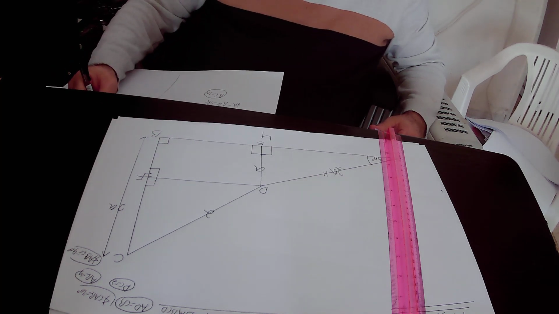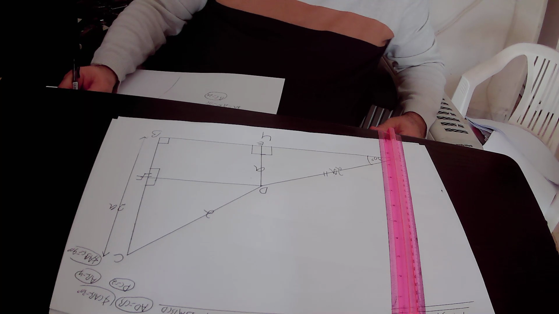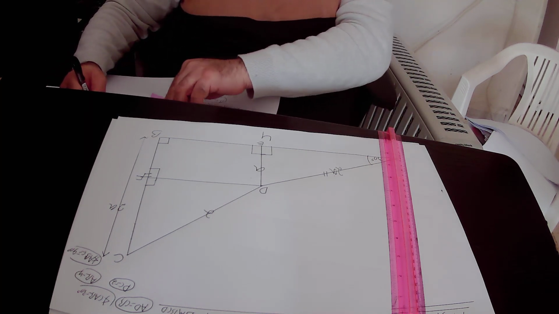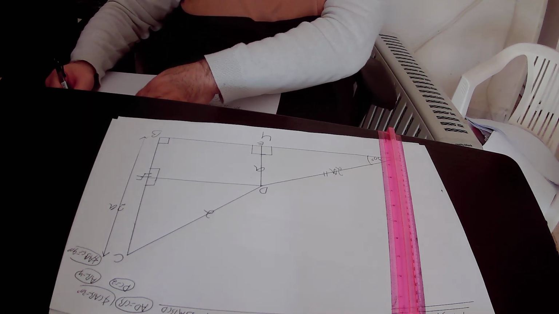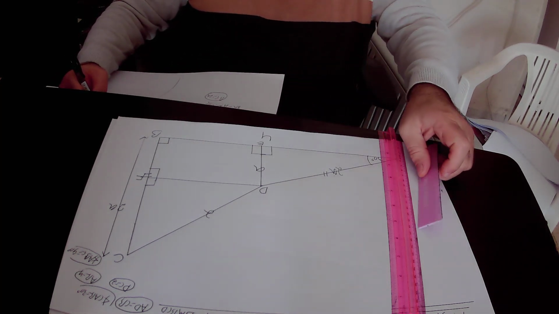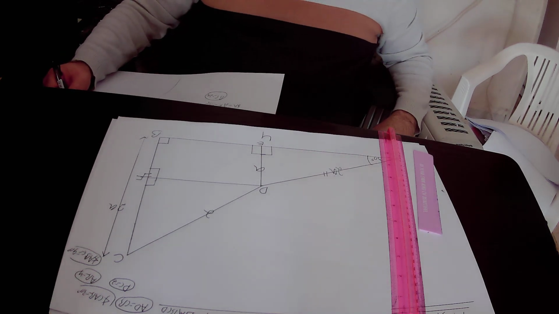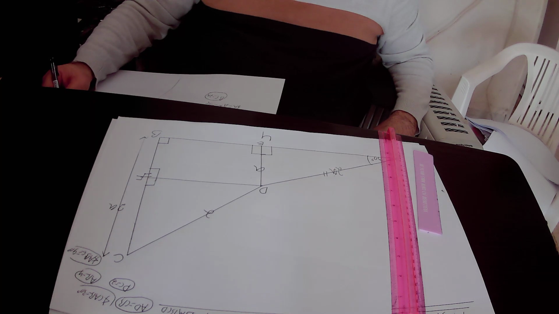In quadrilateral DFBE, we have three right angles, 1, 2, 3. The sum of three right angles is 90 degrees times 3, which is 270 degrees.